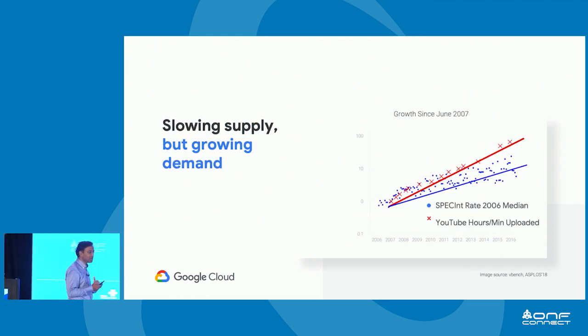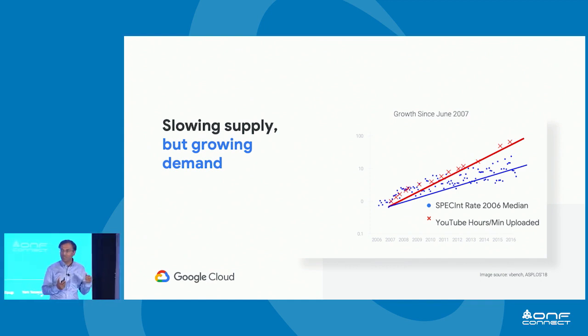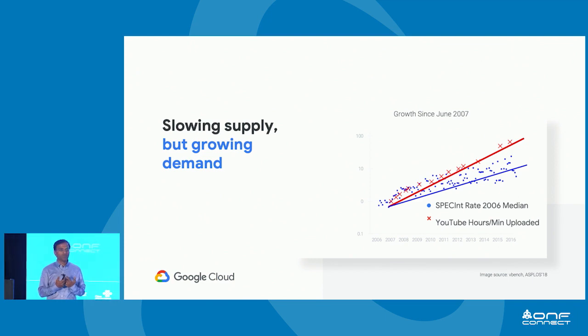But that's just the supply side. If you focus on the demand side, the picture on the right shows, again, time on the x-axis and exponential on the y-axis. And we have 2 lines there. The line in blue shows the improvement in compute performance measured by SPECint. So that's the advances in computation from Moore's law.